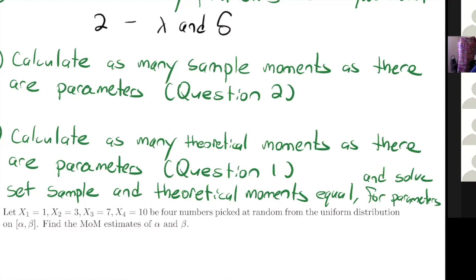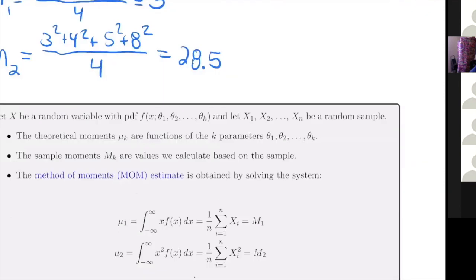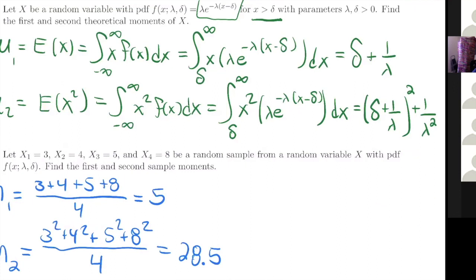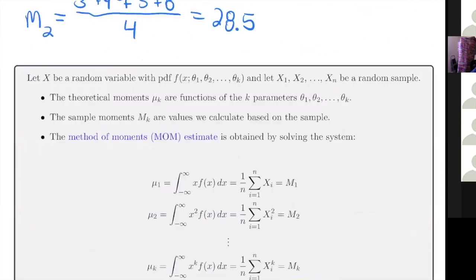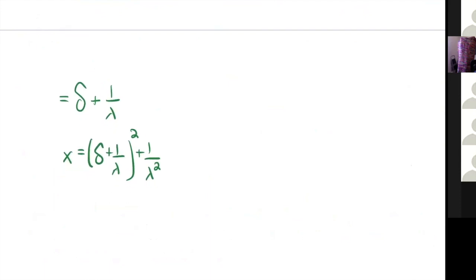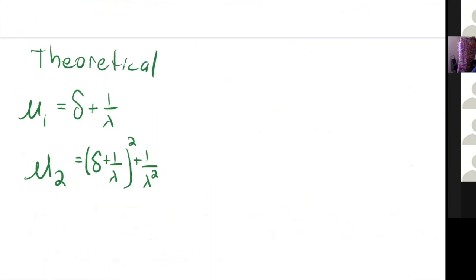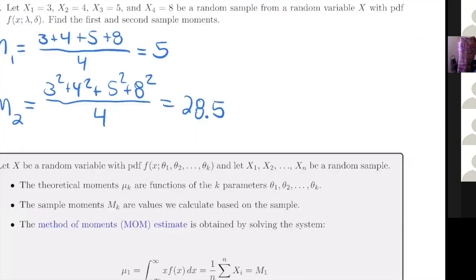So we've got 2 parameters, and that's why in questions 1 and 2 we found the first and second sample and theoretical moments. So we're going to take this information over here. That was our theoretical moments. And let me get my sample moments.